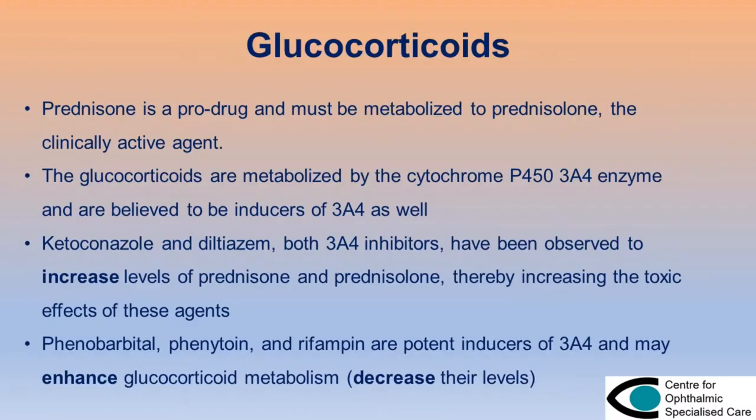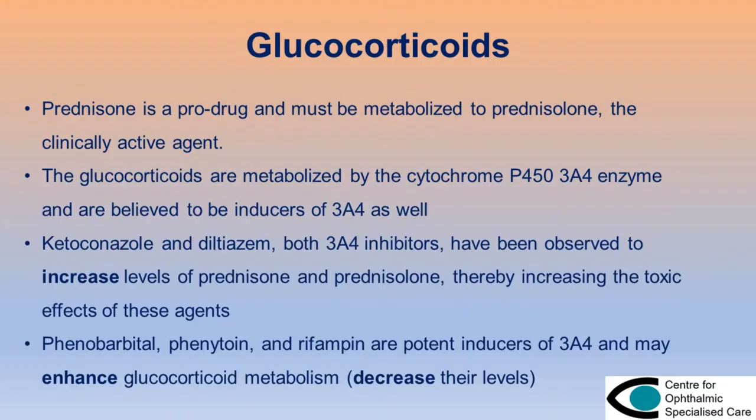Starting with the glucocorticoids, which are our first choice of treatment, prednisone is known to be a prodrug and must be metabolized to prednisolone in order to be active in our body. So the glucocorticoids are metabolized by the cytochrome P450 3A4, and it is also believed to be an inducer of this enzyme, which means it can increase its activity.